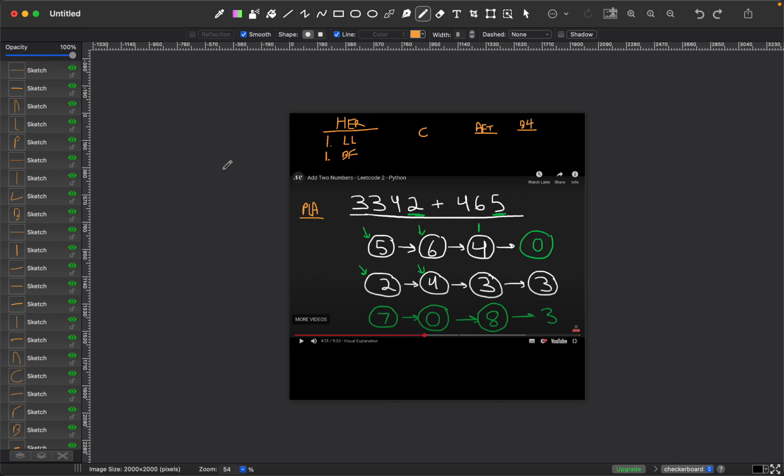With that said, I think the core objective, as the title suggests, is add two numbers where everything is in reverse order, which is good because it's in the ones, tens and hundreds. It works with adding two numbers. The core objective is to add these two numbers and return the result to the system.